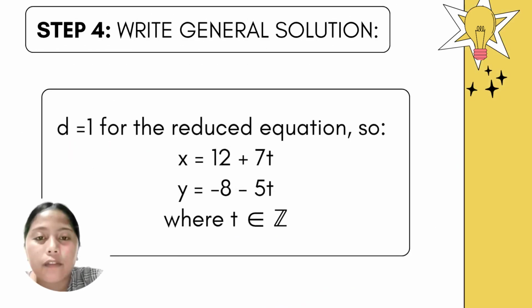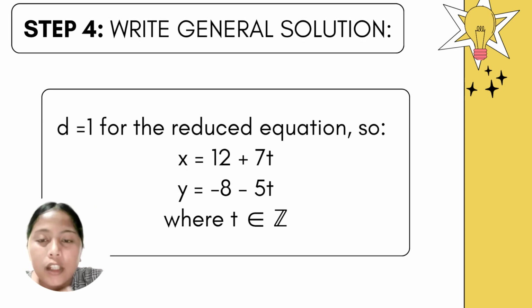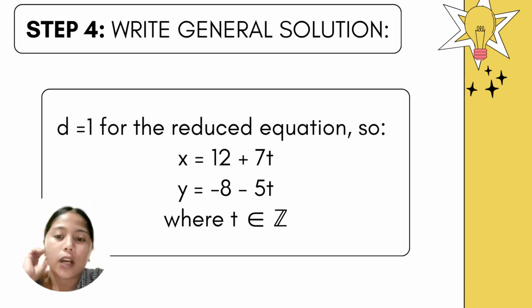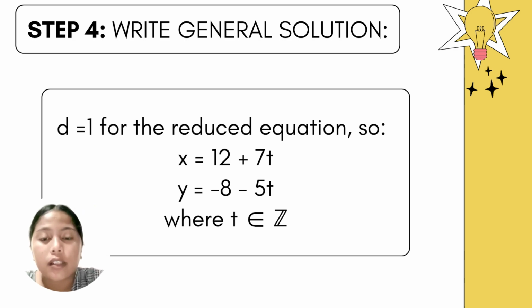And in our step 4, we need to write the general solution, where our d is equal to 1 for the reduced equation. So it will become x is equal to 12 plus 7t, and our y is equal to y sub 0, which is negative 8 minus 5t, where t is an element of an integer.